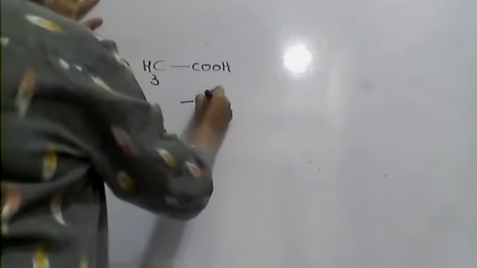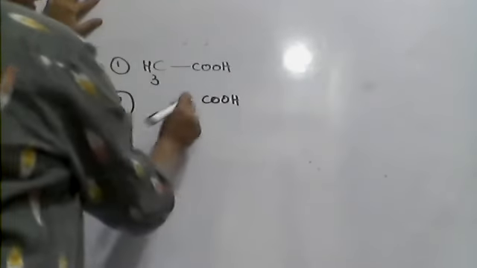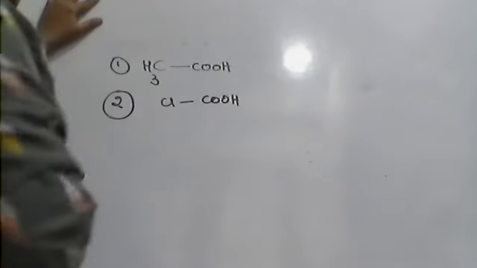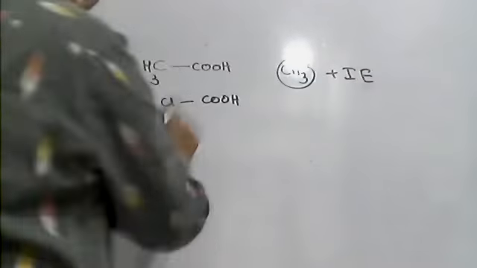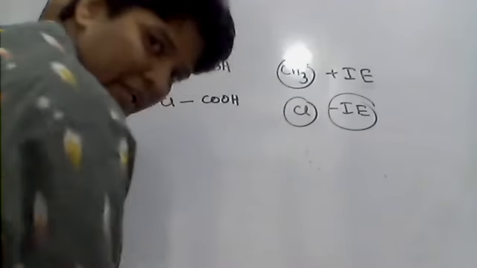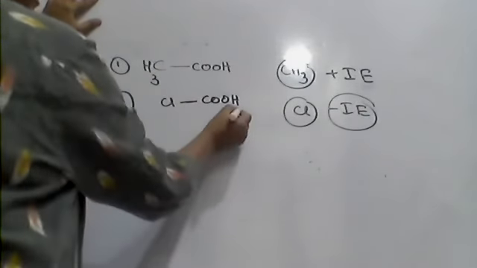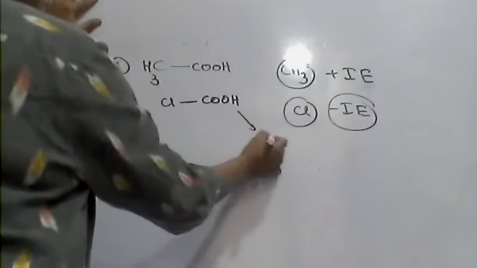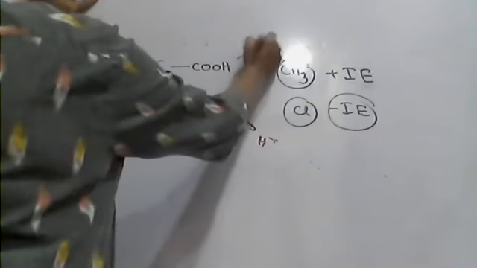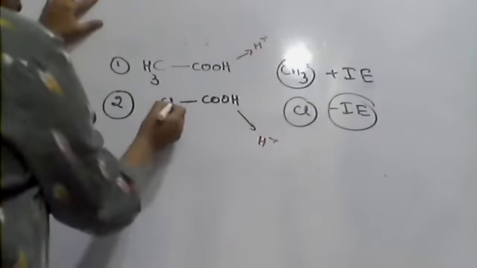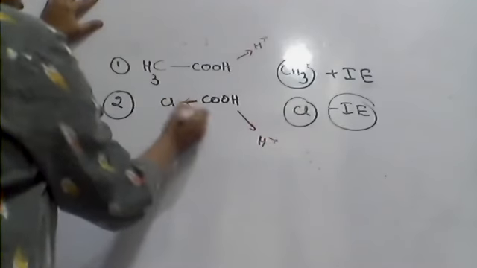If to this COOH group, to the carbon directly, chlorine is attached. Now, here the methyl group is a plus I group, and here the chlorine group is a minus I group. So what happens here? It is sure that this H plus has to be released, to say it is an acid. This chlorine withdraws electrons from the carbon chain.